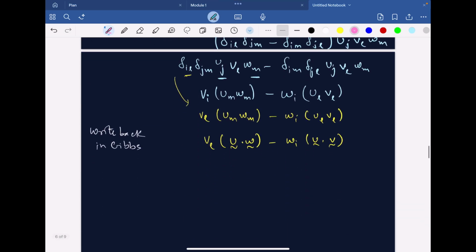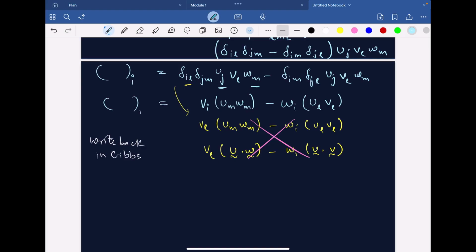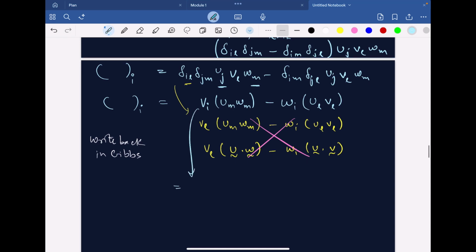So I will be aware that what sits here is some i, and I'll have v_i (u dot w) minus w_i (u dot v). Since this is a free index, this is a vector.